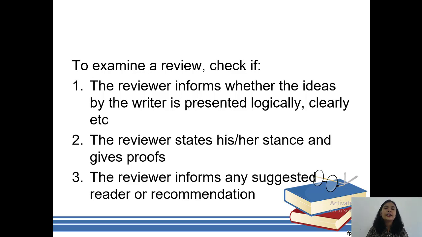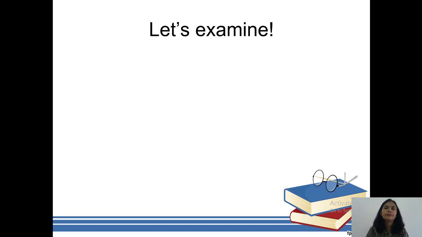Then the reviewer also gives information on recommendation. I know this may not be included in the elements given to you in the previous slide, but if you want to state it in a review, that would also be good. If there is any suggestion or recommendation given by the reviewer, then I want you to check whether it is there or not. That's how you examine a review.